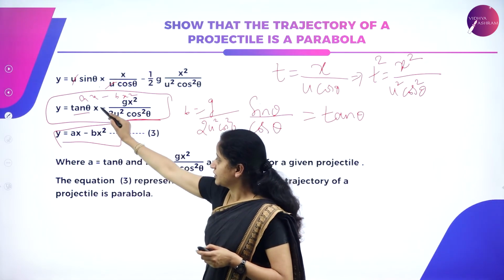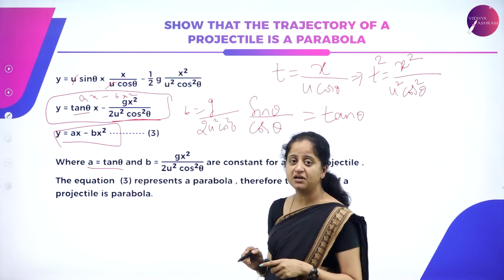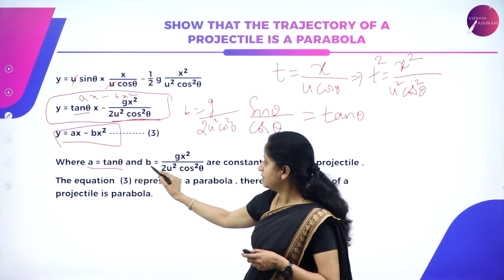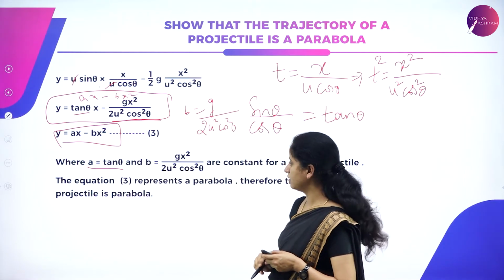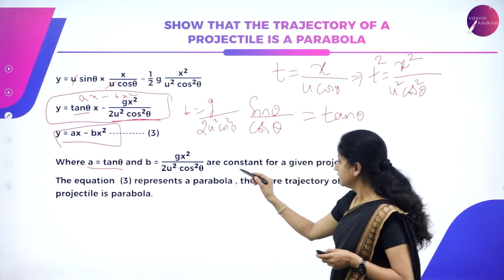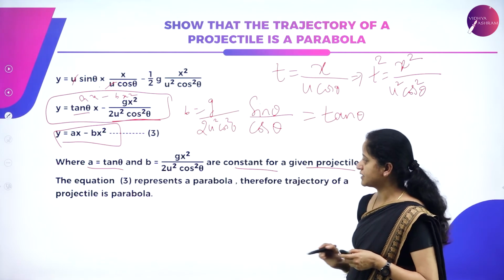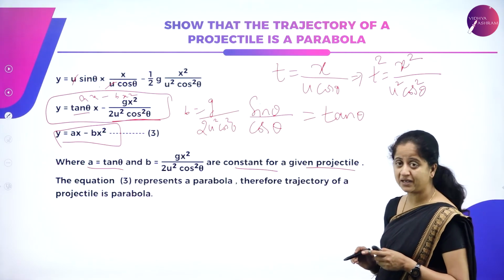So here, to relate this with this equation, we have to identify what a stands for and what b stands for. Here a is nothing but tan theta and b is nothing but g divided by 2 u square cos square theta. So these are constants for a given projectile. So equation 3 represents a parabola, that is ax minus bx square is the equation of a parabola.